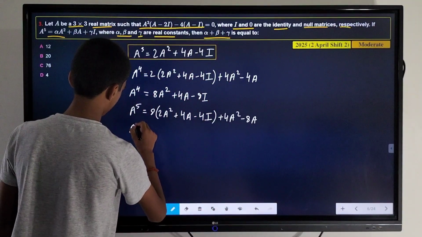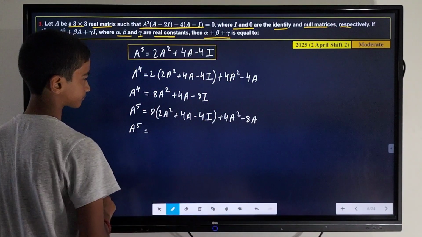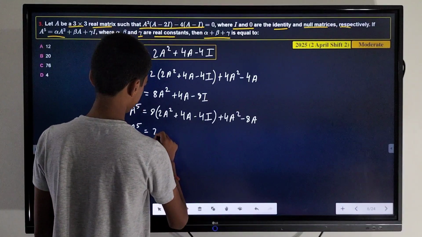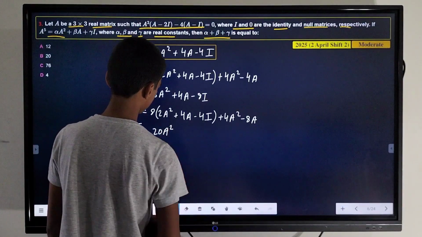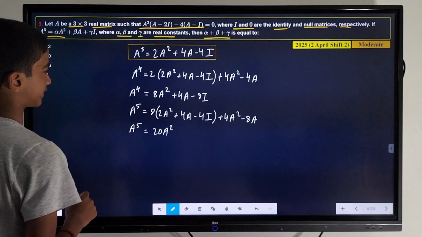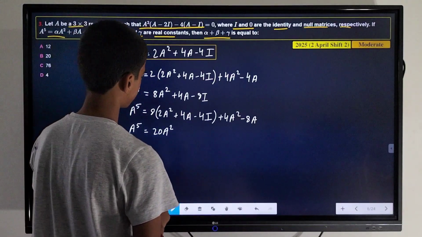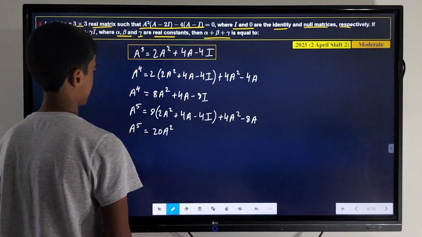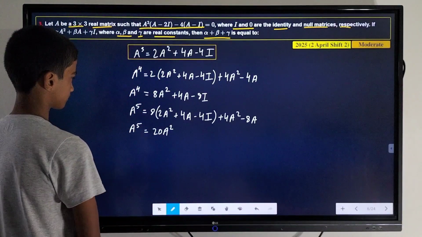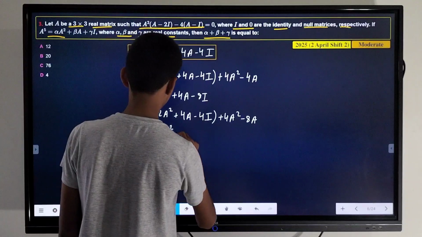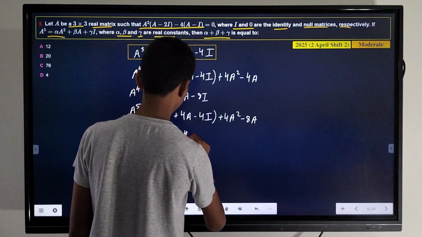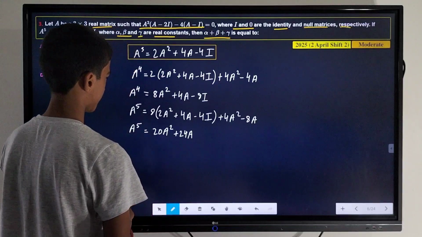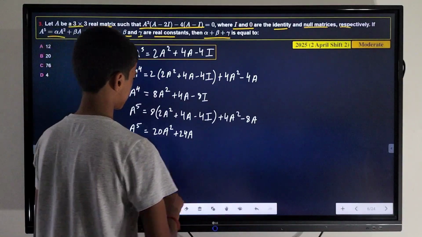So our A5 is equal to 16 plus 20A square, 20A square, 32 minus 8, so plus 24A, 24A minus 32I.